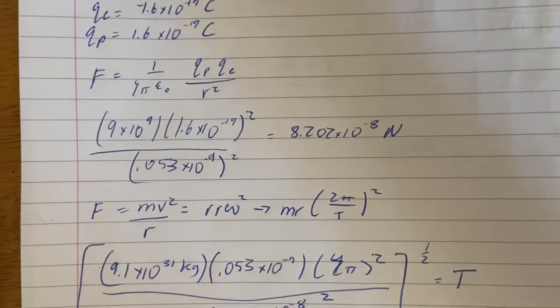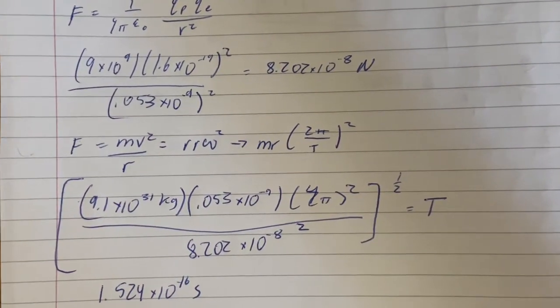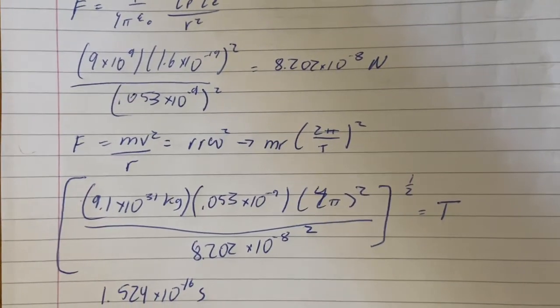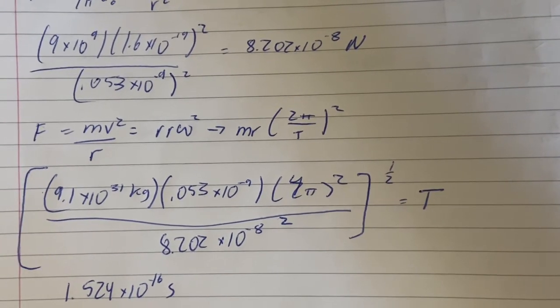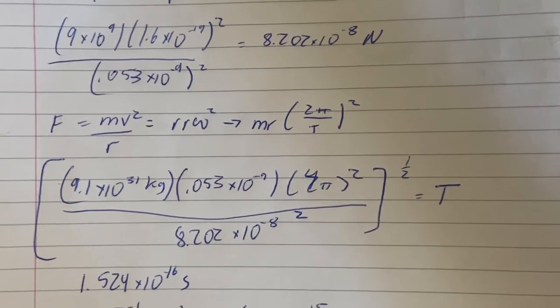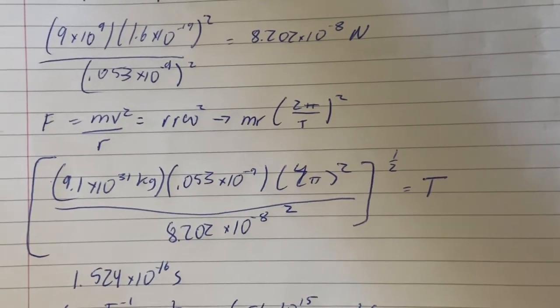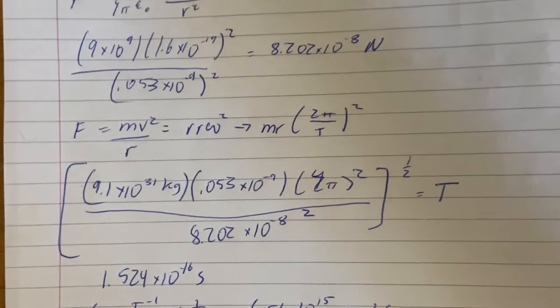And now that we have that, we know that the mass is going to be 9.1 times 10 to the negative 31 kilograms. That radius is the radius of orbit, which we were given, which is 0.053 times 10 to the negative 9 meters. And then that 2 pi squared effectively turns into 4 pi squared.